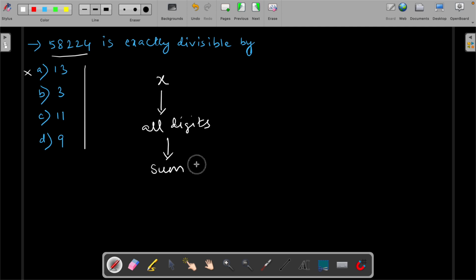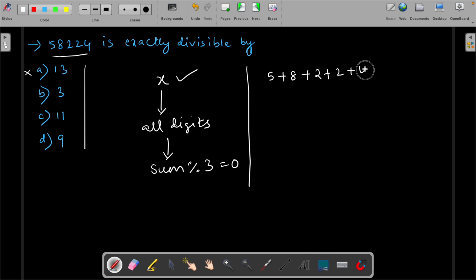If this sum is divisible by 3, then we say that x is divisible by 3. What is the sum of all the digits in the given number? 5 plus 8 plus 2 plus 2 plus 4, which is 21. 21 is divisible by 3, which means the given number is divisible by 3.